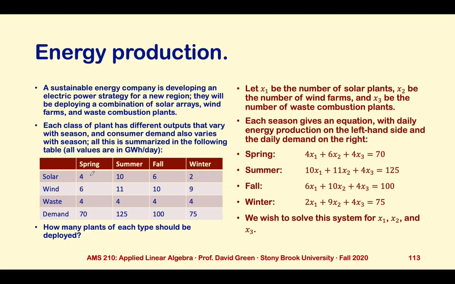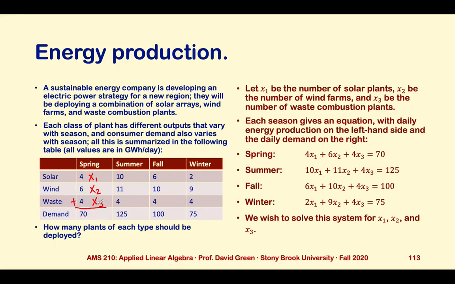If the number of solar plants is x1, then 4 times x1 gives the total production of energy per day from solar plants in the spring. The total production from wind in the spring is 6 times x2. The total production from waste in the spring is 4 times x3. We add these up.